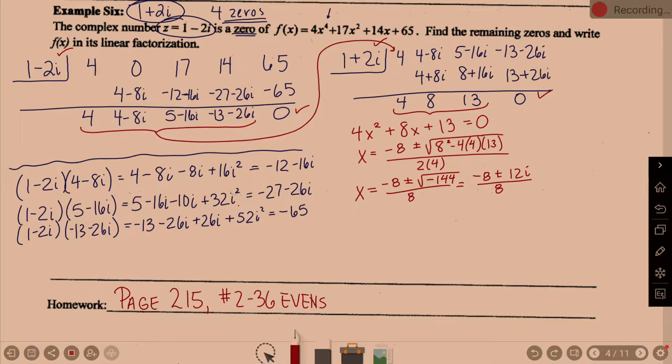We can divide them all by a factor of 4, depending which way I want to say this. Or you can put 8 underneath both pieces. And actually, as I looked at this, we do need to separate the pieces. So think about it this way. Negative 8 divided by 8 is going to be negative 1. What's 12i over 8? If we take the 12 and 8 and divide both by 4, we have 3/2 i.